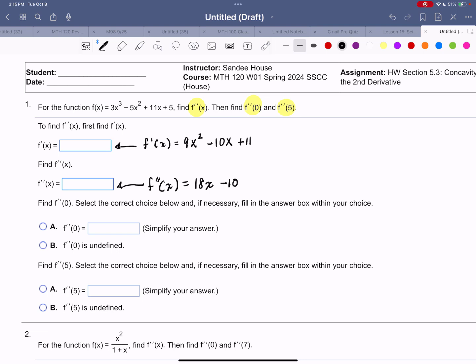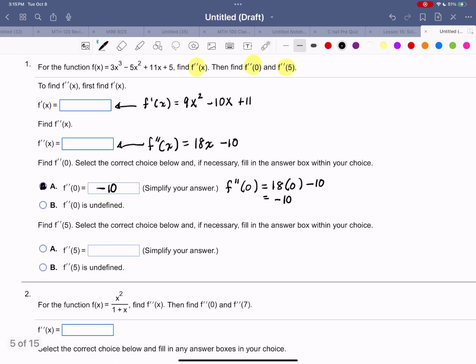So when they ask us to find f double prime of 0, or the second derivative of the function f at x equals 0, we just substitute that 0 into the second derivative expression, and we get negative 10.